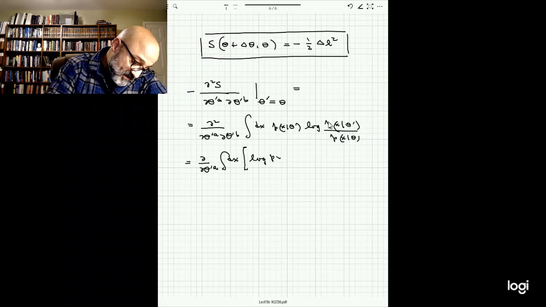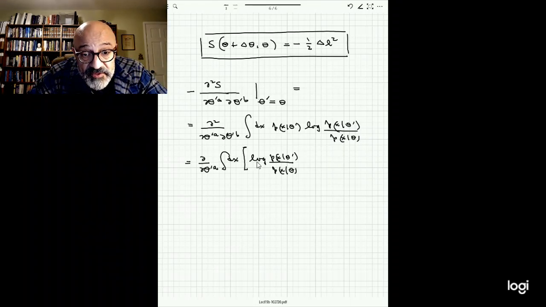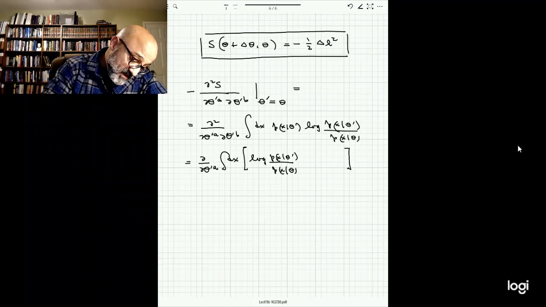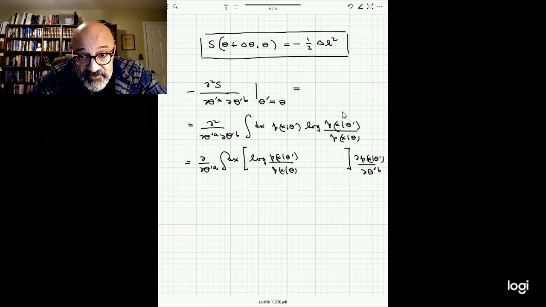The log, we take the derivative, and then we multiply by the derivative of this guy here, derivative of p x theta prime d theta prime b. So now with this move, we have computed the derivative of the first piece. Now we have to compute the derivative of the second piece.